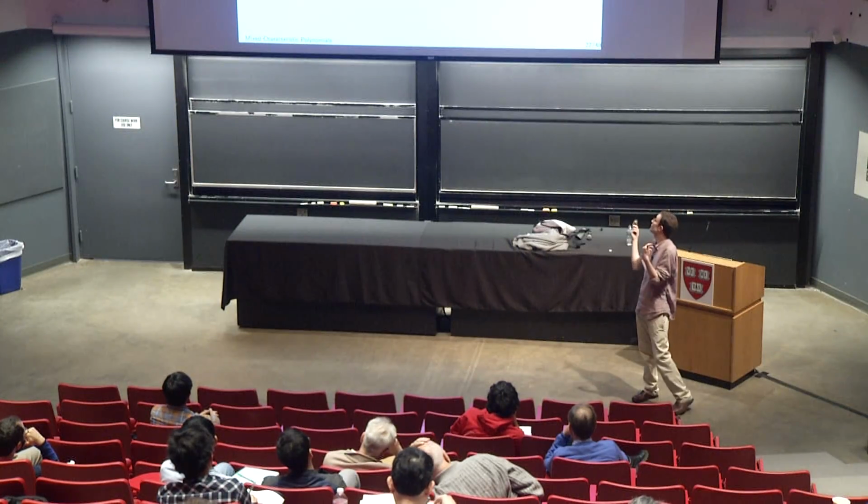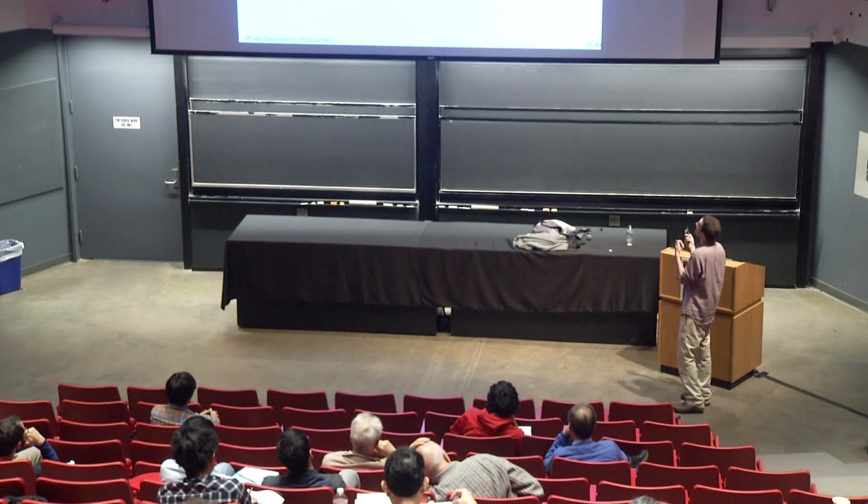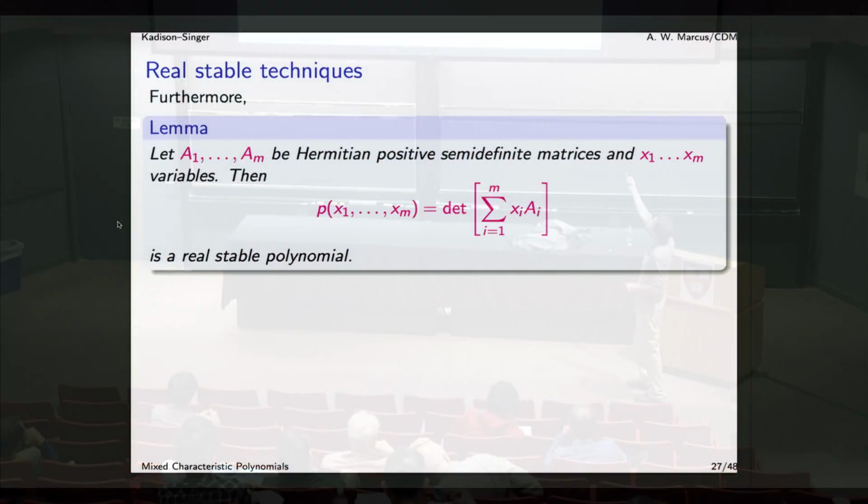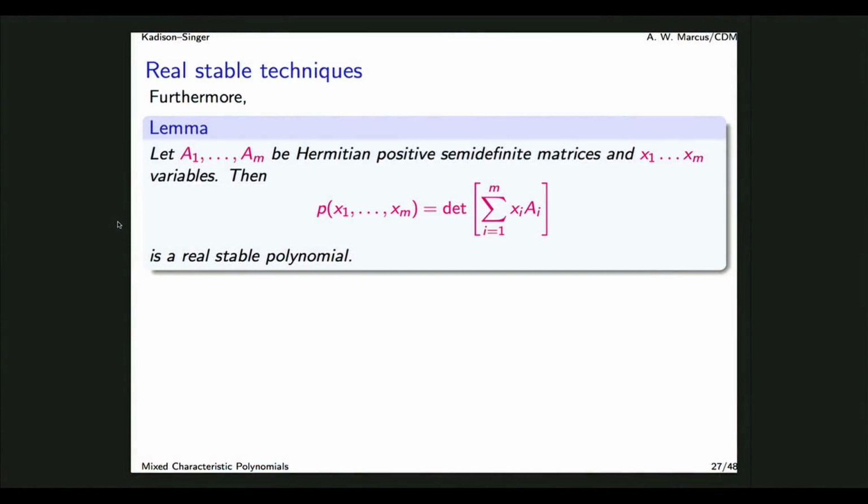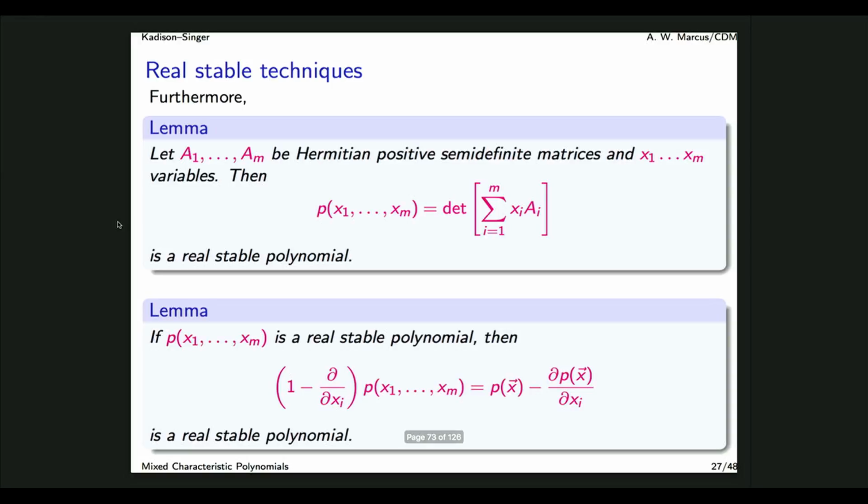This essentially comes from the fact that being positive semi-definite means that you have a square root that you can factor out. And then another lemma is that if P(x1, ..., xm) is a real stable polynomial, then this 1 minus partial derivative operation maintains real stability. Okay?